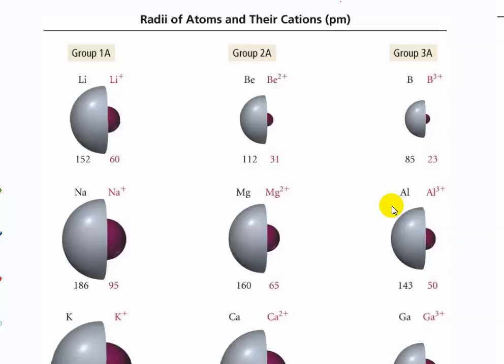Why do you think that is? Why does the atomic size go down as we go across the periodic table? More protons. How does more protons make the atom smaller? The more protons you have, the more pull it has on the electrons, so it pulls them in. That's right.